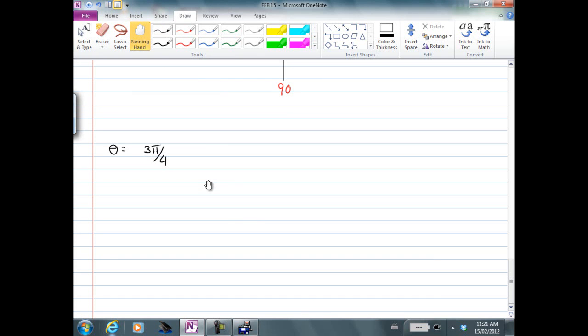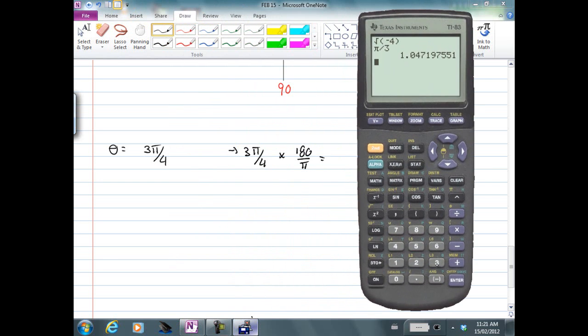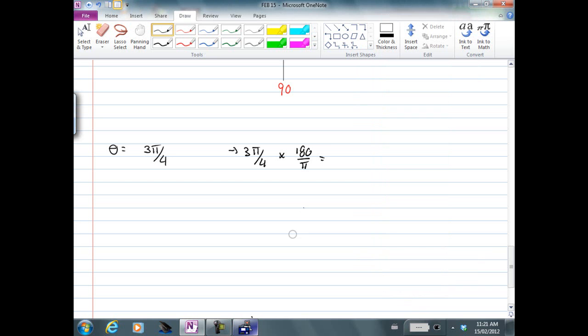So you went 3 pi by 4 times 180 over pi. You punch this in your calculator: 3 times 180 divided by 4. You have 135 degrees.